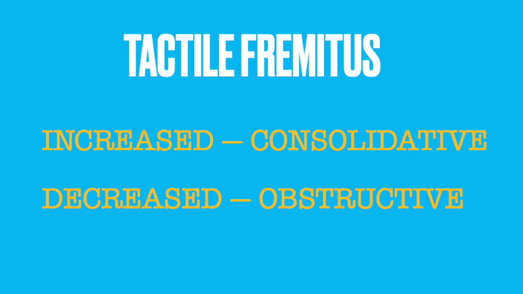So if my hands are on the surface of tissue that's more solid than it should be, such as in a lung consolidative process, that vibration will also be stronger. And when I vocalize 99, 99, you're going to feel more vibration, increased tactile fremitus, over the area of that disease process. So tactile fremitus will be increased with consolidative processes and decreased with obstructive processes.